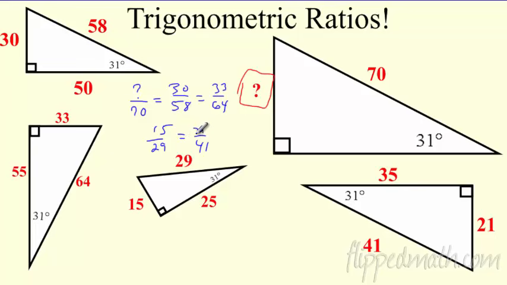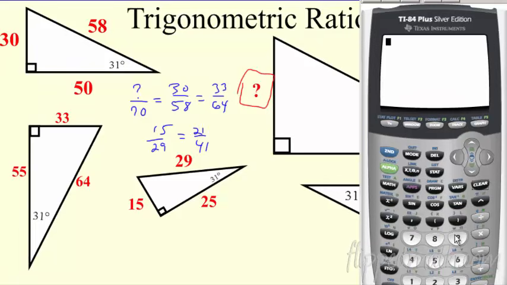What's cool about that is if you actually divide these out, 30 over 58 has to be the same as 33 over 64. Any right triangle, and again, I had to do some slight rounding on the hundredths, but you can see it's the same idea there. And 15 over 29 is the same thing.